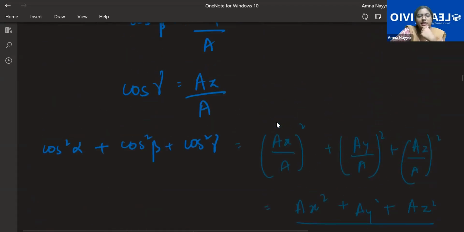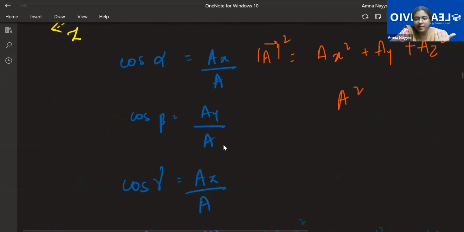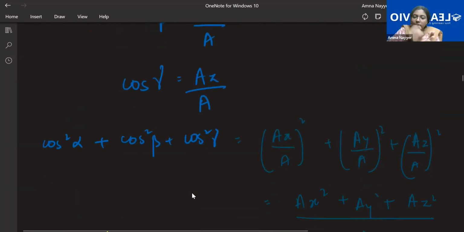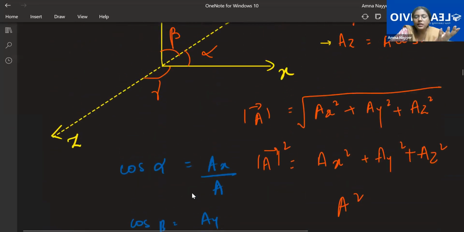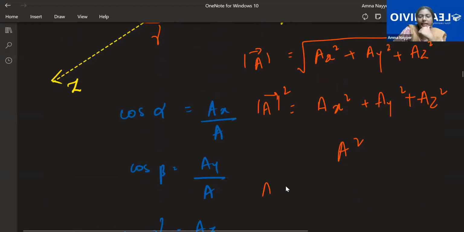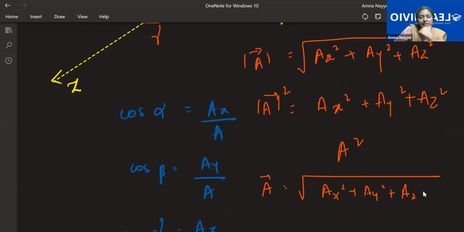Because you know cos alpha is Ax by A, cos beta is Ay by A, cos gamma is Az by A. When you square them, it becomes Ax square by A square plus Ay square by A square plus Az square by A square. From here, you know A is the square root of Ax square plus Ay square plus Az square.